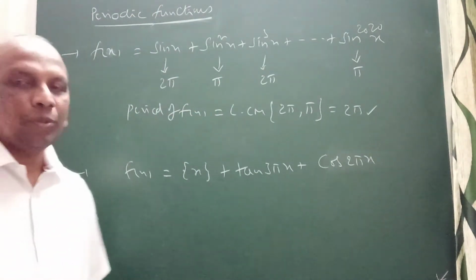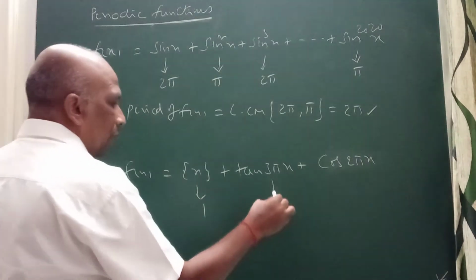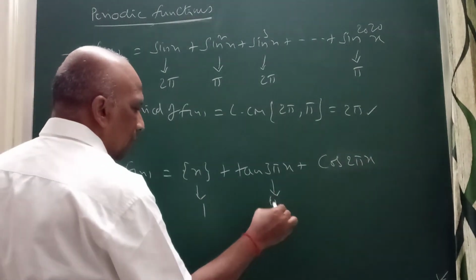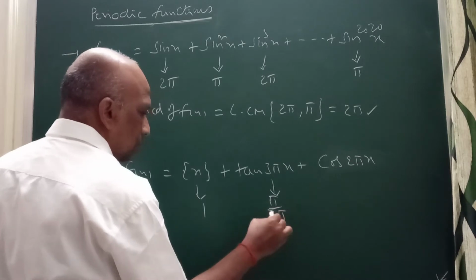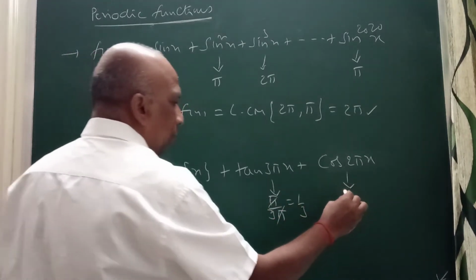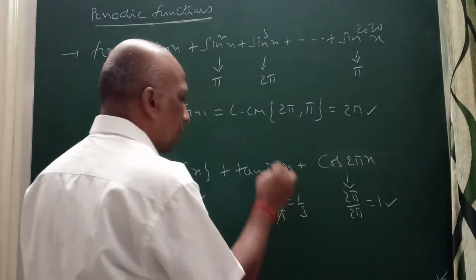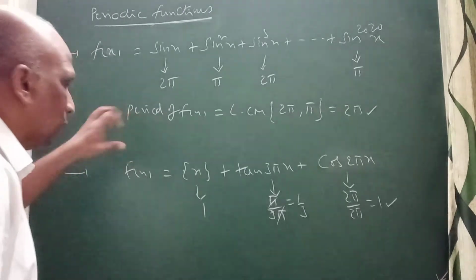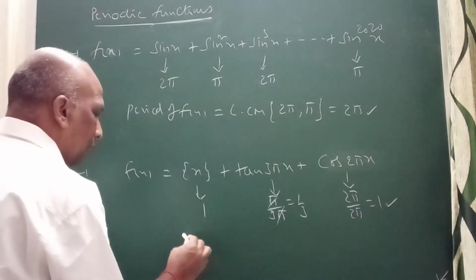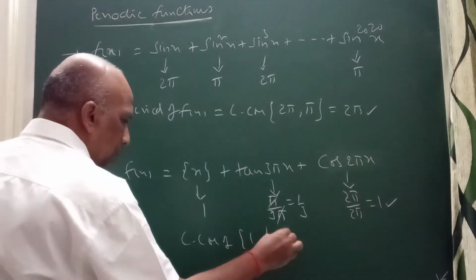Coming to this problem, you can see the individual periods. The period of this is 1. The period of this is pi by 3 pi, so it will be 1 by 3. The period of this is 2 pi by 2 pi, so it gives 1. So the period of f of x is the LCM of 1, 1 by 3, 1.